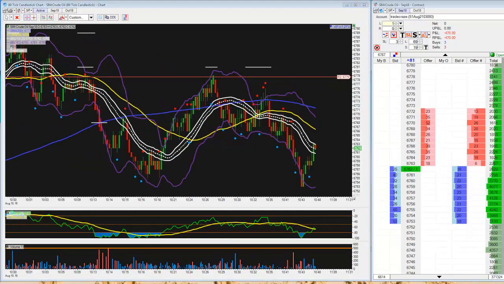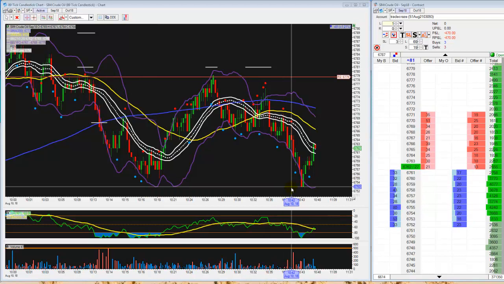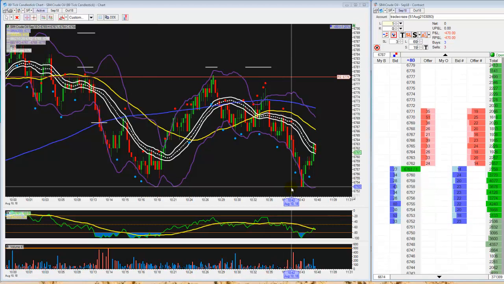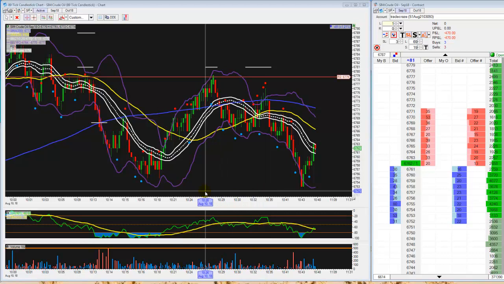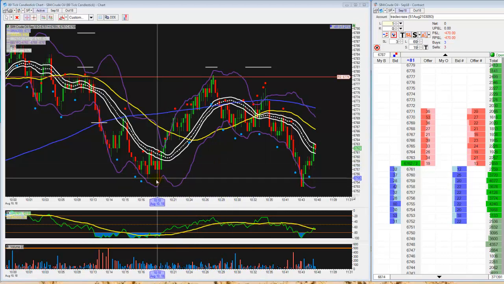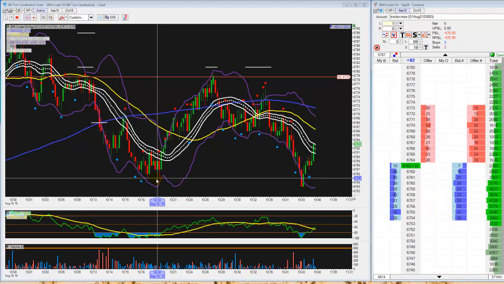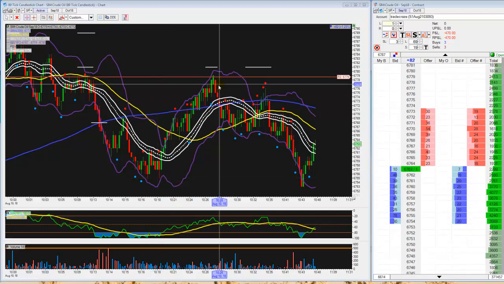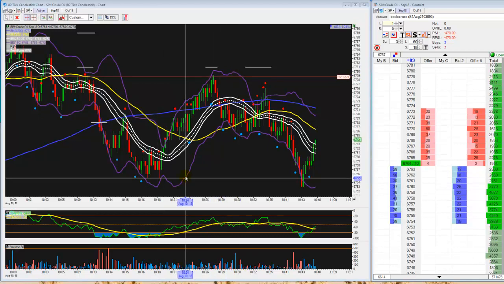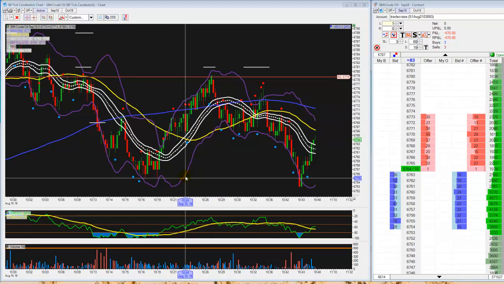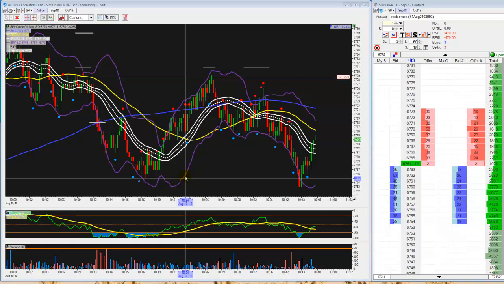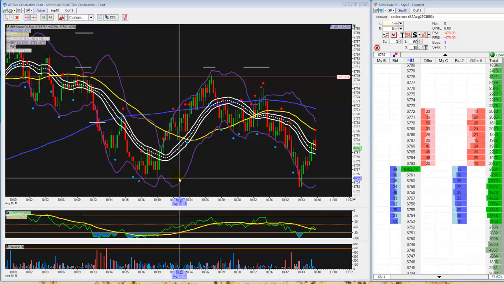Alright, so if we're using prior, we made the new low. 55. So this would be 19 ticks from 55, right?